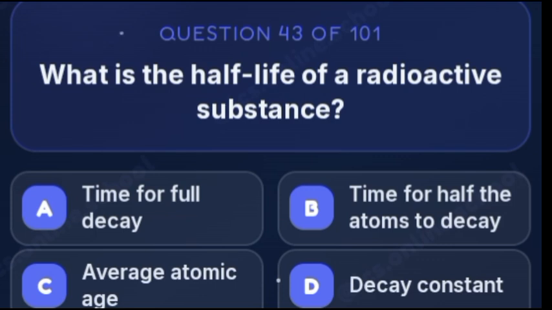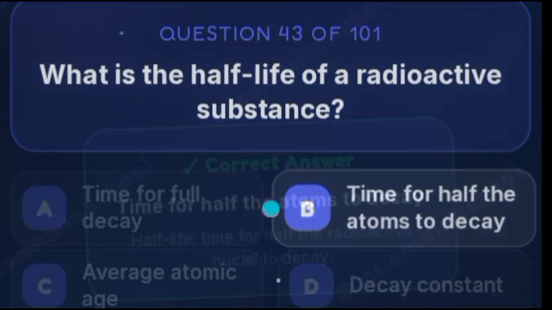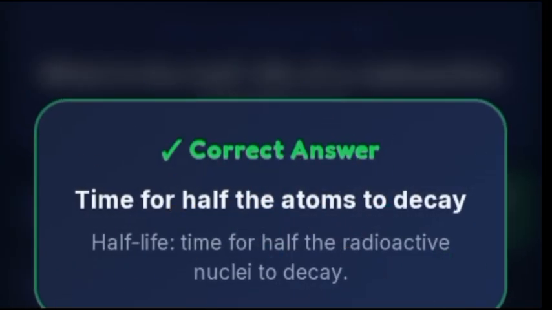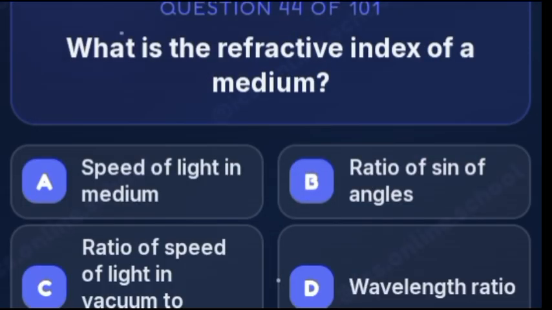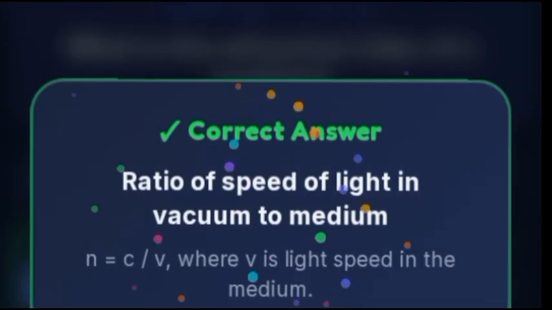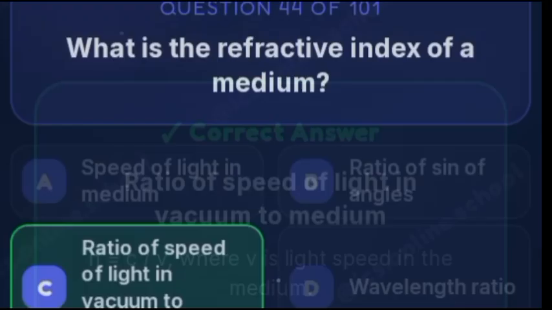What is the half-life of radioactive substances? Time for half. What is the refractive index of a medium? Ratio of speed of light in vacuum.